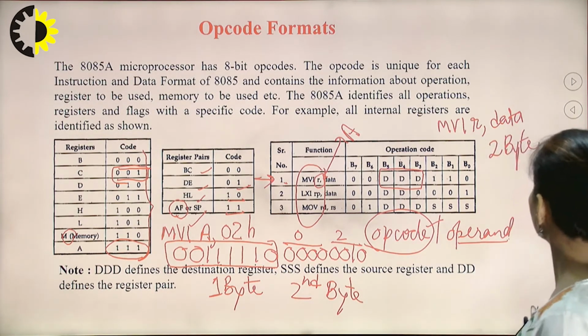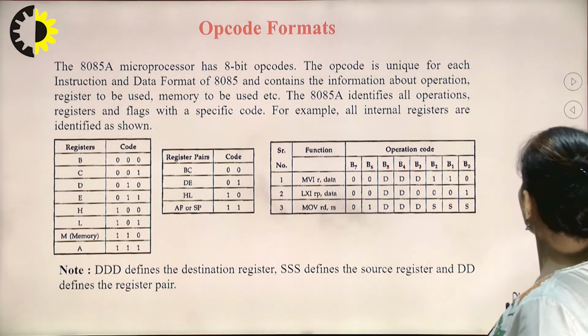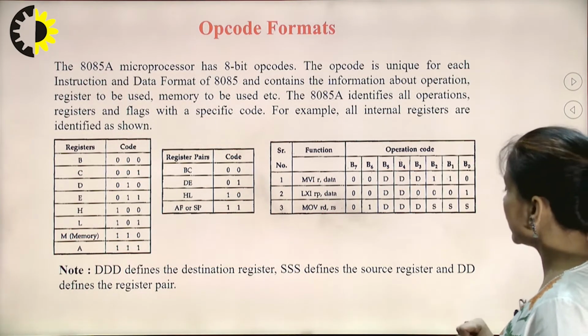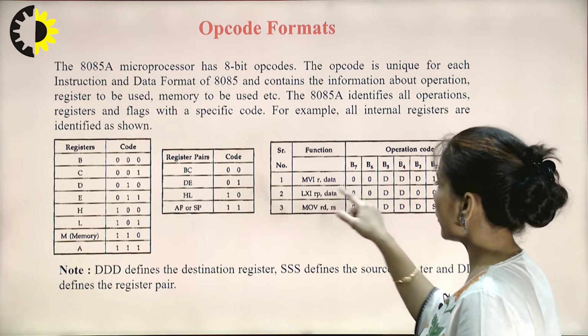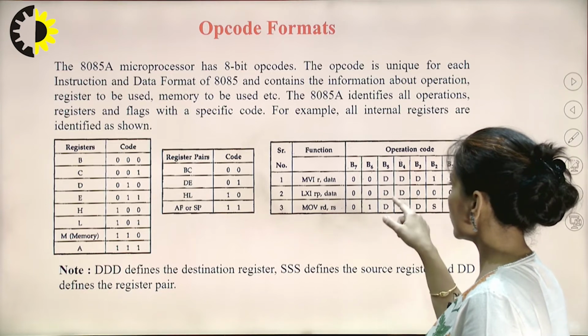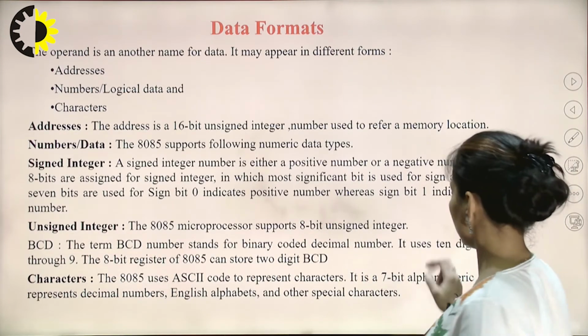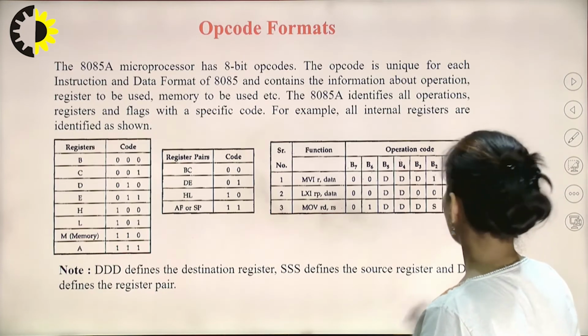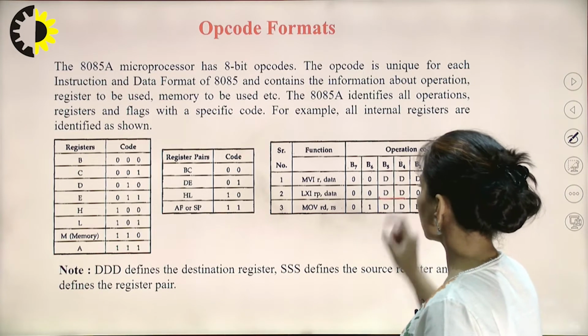Similarly, for LXI register pair comma data, the opcode is 00 DD 0001, where DD means destination. Here the destination means register pair.